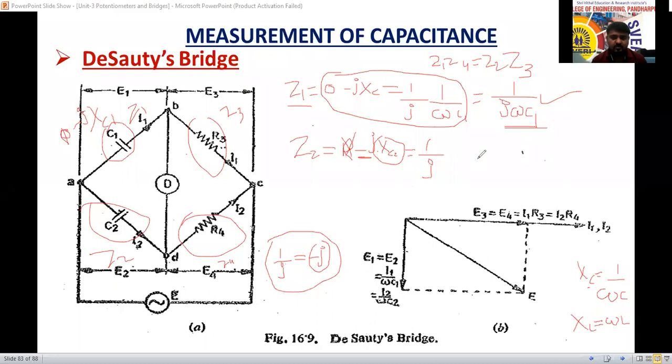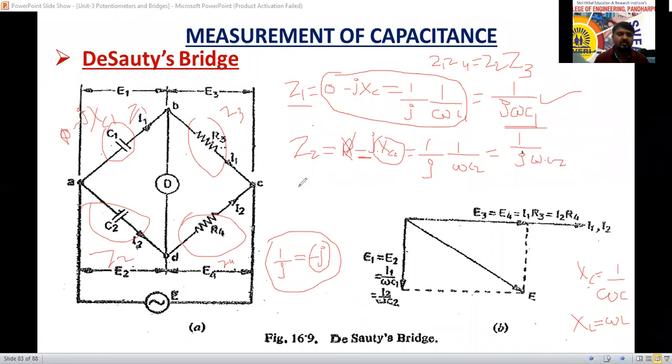Now combine both and tell the equation. Equal to what? Here 1/J into 1/omega C2. What can we write? 1/J omega C2. That is the correct answer.